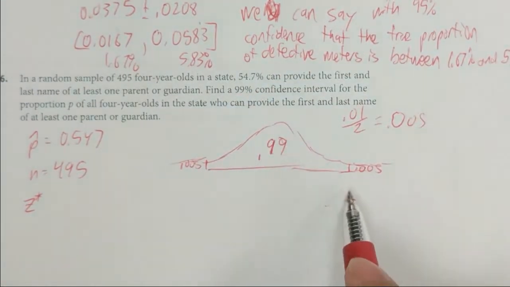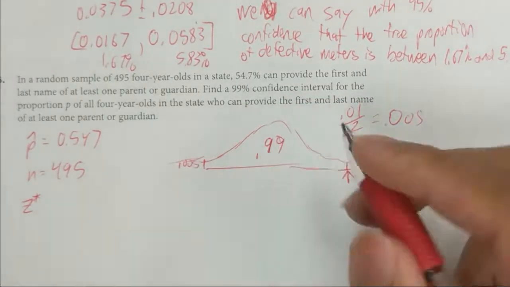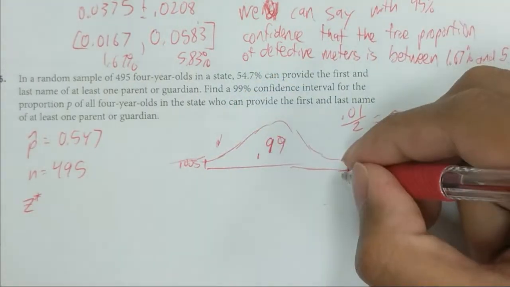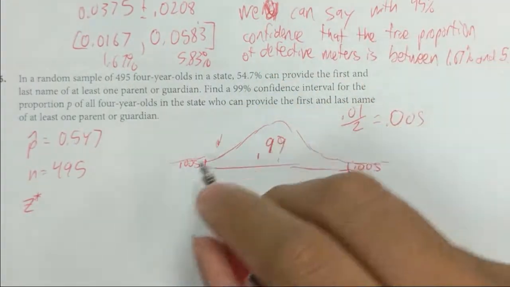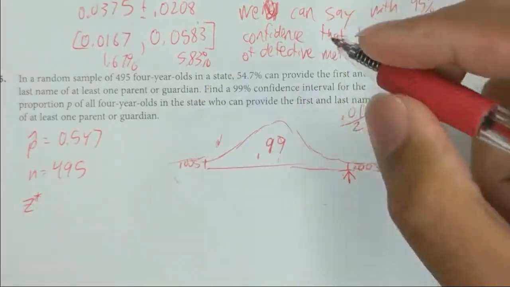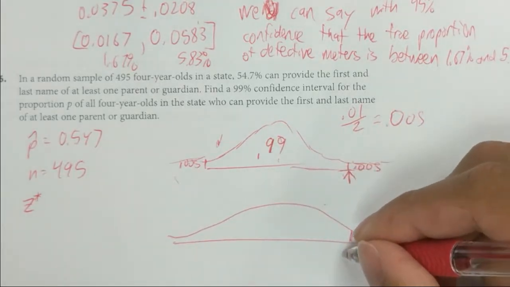Okay, so we want this z value. The total area to the left is 0.99 plus 0.005, if I glue those two sides together.